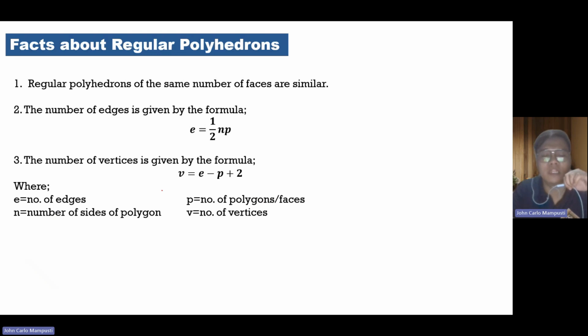Kaya ang sinabi ko, dapat alam nyo kung ano yung shape ng polygon and at the same time, kung ilan yung faces or number ng polygon dun sa polyhedron na given. Ito yung formula na gagamitin natin and for the number of vertices naman, V is equal to number of edges minus number of faces or number of polygon plus 2. So this will be our formula for the number of vertices.